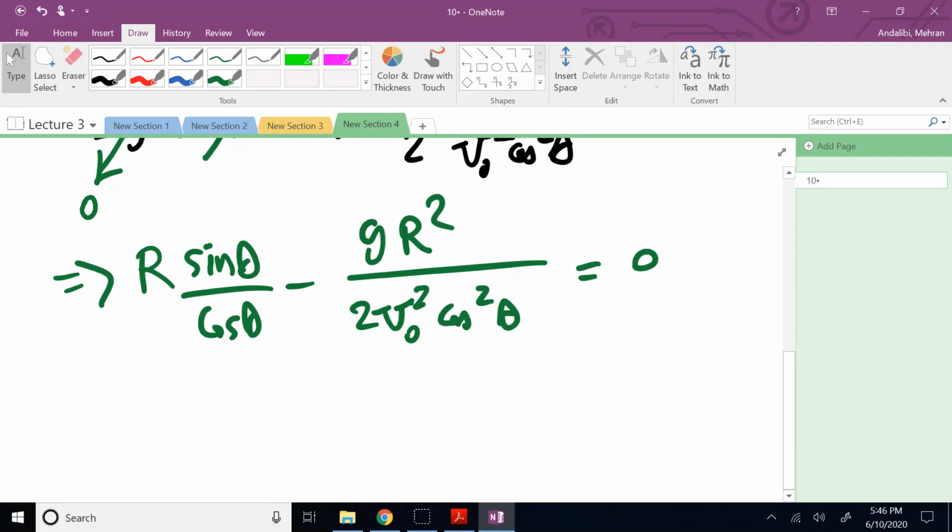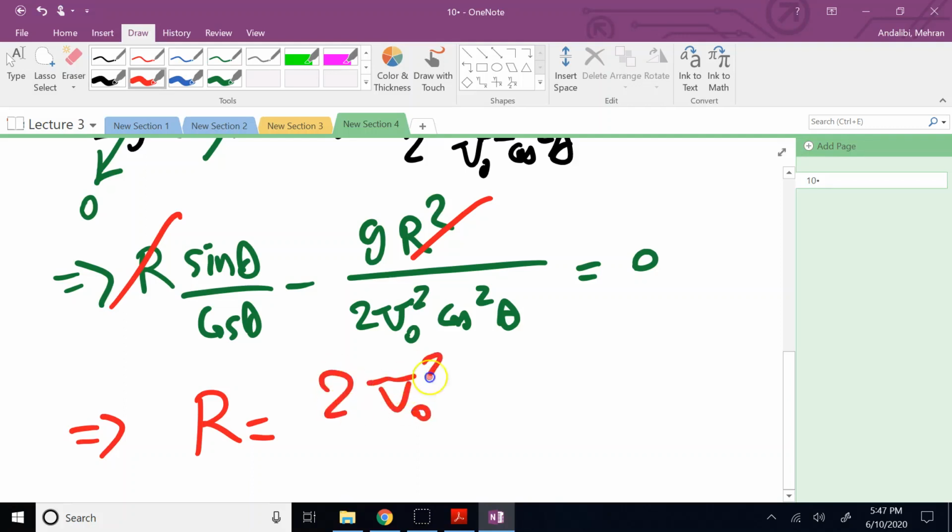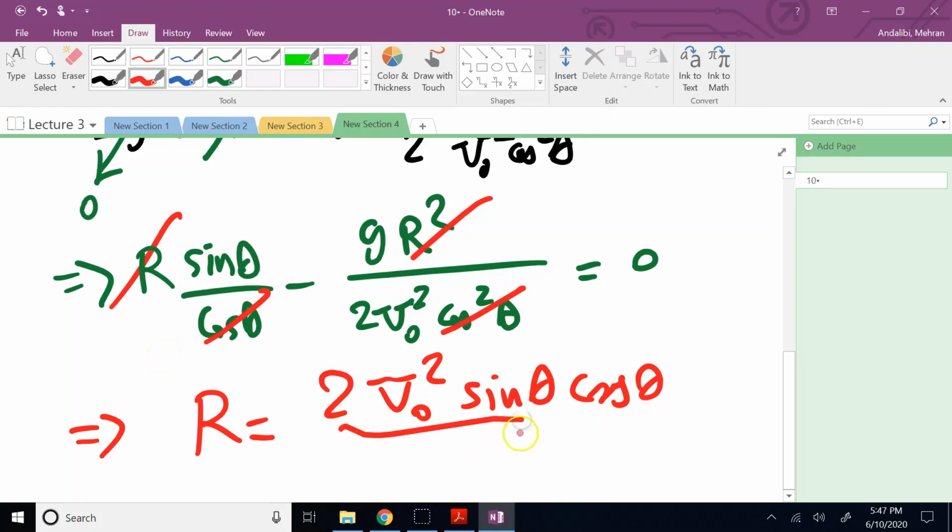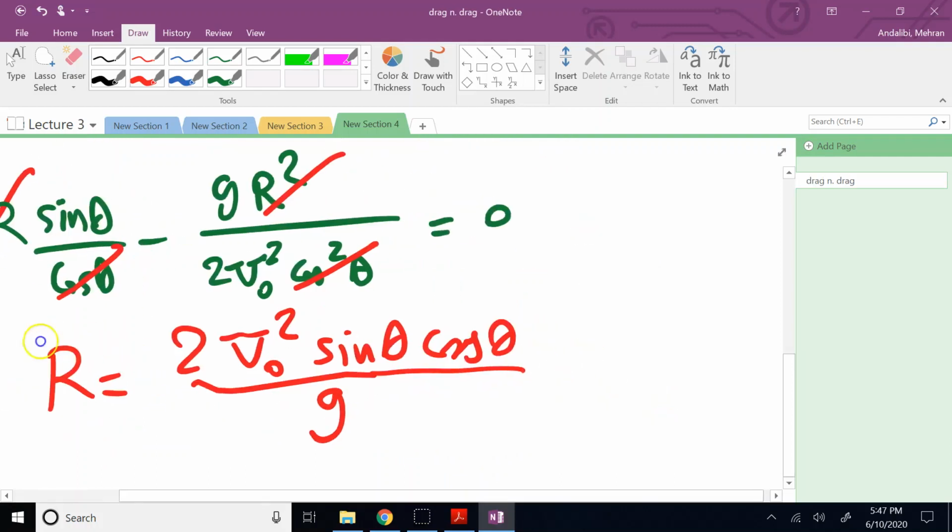And if I solve for r or factor out r, clearly one answer is r equals 0, which is not the case. So if I simplify one r and solve for the other r, what would you get? You're going to get 2 v naught squared sine theta cosine theta. One cosine can also be simplified. Then divided by what? Divided by g. Right?